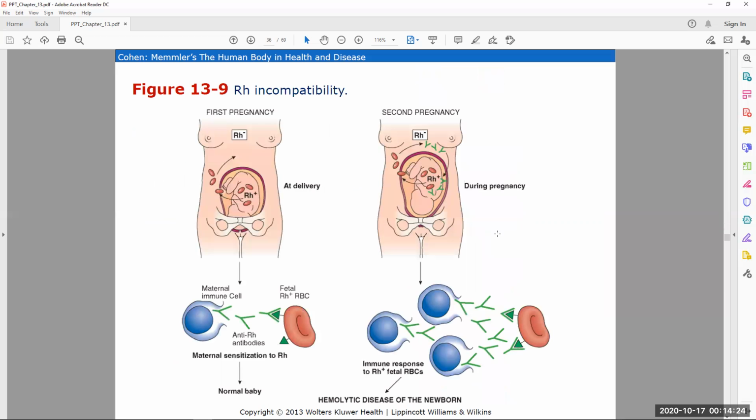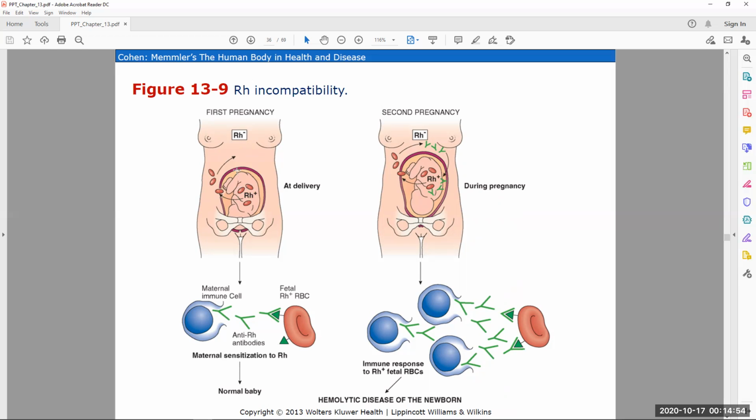Now, one of the things in terms of this rhesus incompatibility, I just want to highlight, and this will be treated in a little more detail when you're looking at reproduction in terms of the delivery process. If during the first pregnancy you have a rhesus negative mother and a rhesus positive baby or fetus, now what happens, of course, the placenta prevents the exchange of blood between developing fetus and mother.